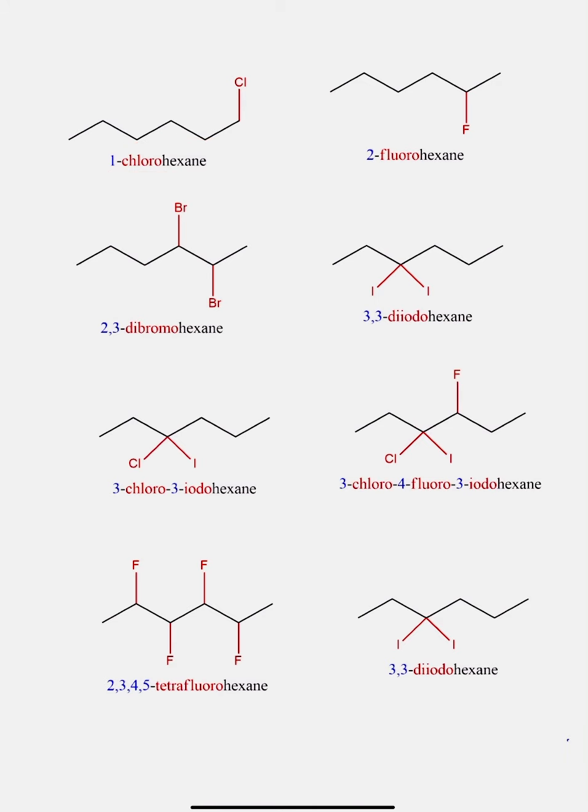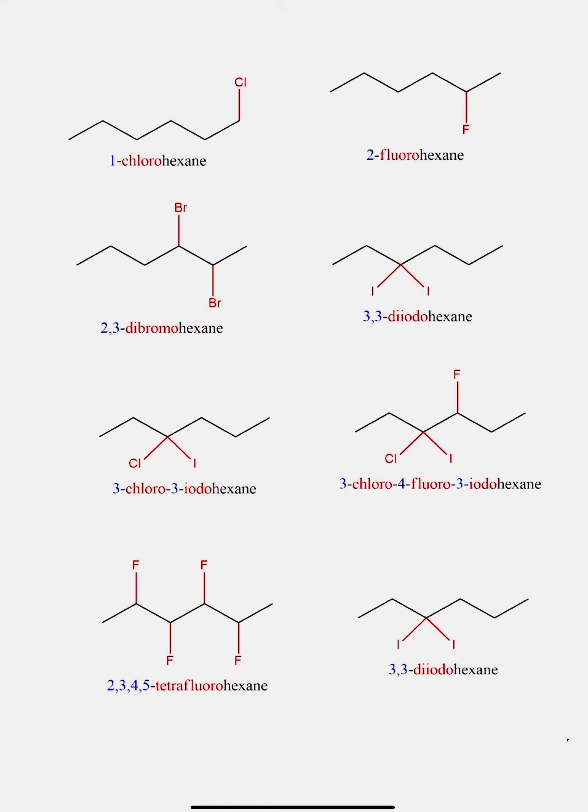And here you have again 1, 2, 3, 4, 5, 6 carbons. Now this numbering is not correct, but this numbering is correct. Numbering from the left, I get substituted carbon 5, so this is the right way according to the lowest sum rule, hence the name 2-fluorohexane. Next, what about this?